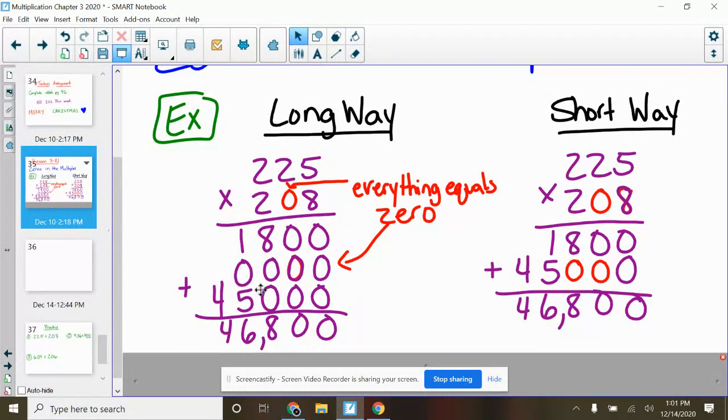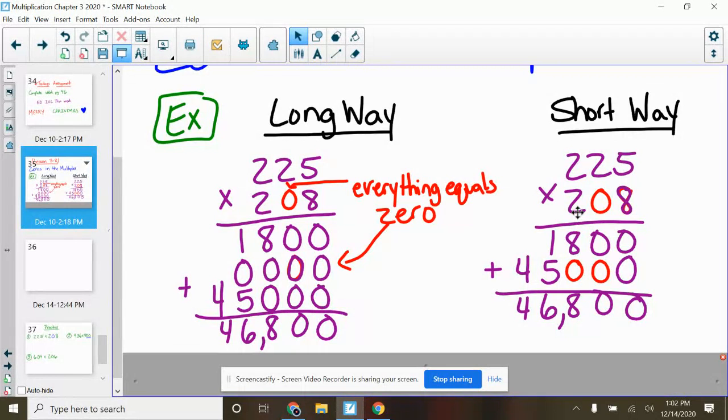So you can see the partial product 45,000 that I have over here is the same partial product that I have over here. The step that I eliminated was that middle row of zeros for the partial product because I didn't need them. Since multiplying 0 by everything up here is always going to give zeros, I just filled in 1 0 there and told myself all of that's going to end up as 0.